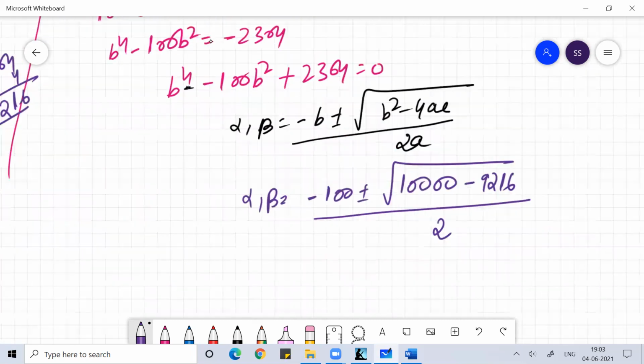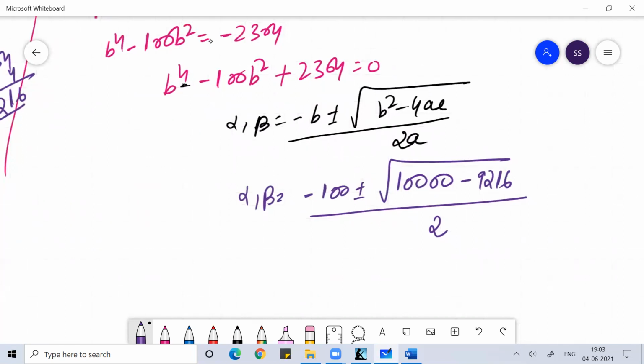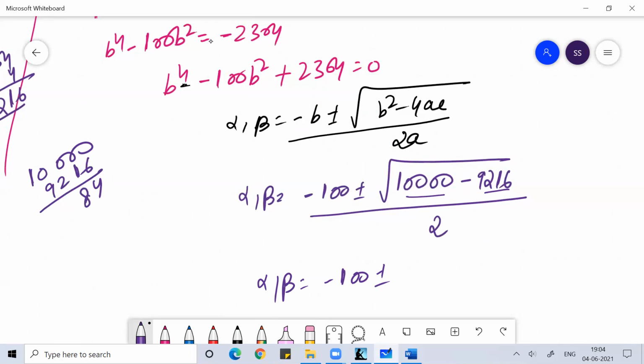Here 10000 minus 9216 is 784, and the square root of 784 is 28.